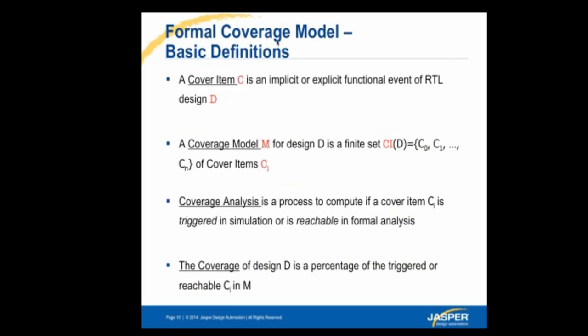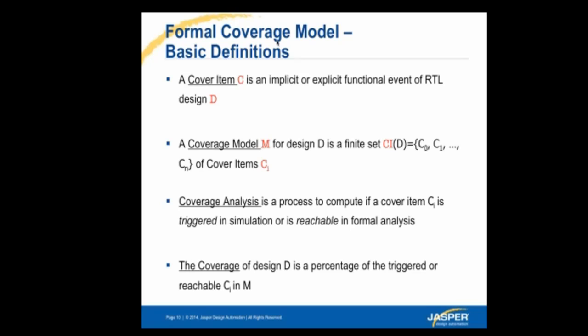Now for some technical aspects of our technique: when you ask what kind of coverage model you create in such a tool, basically we build what we call cover items, which are implicit or explicit functional events of the RTL of the design D. Given an RTL, we identify a set of cover items.